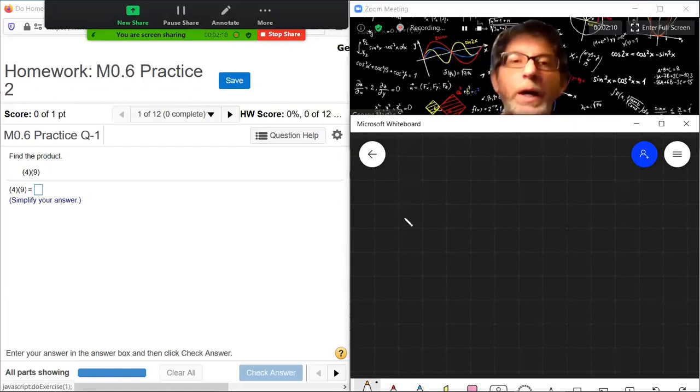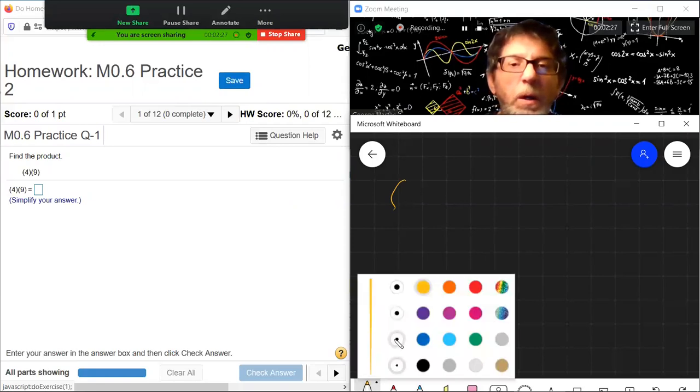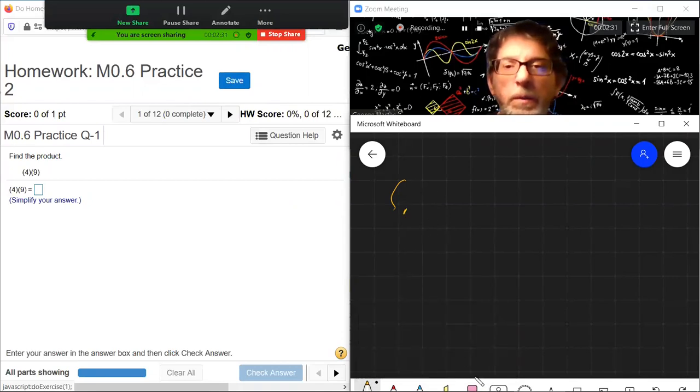Now there are three ways that multiplication is signified. There are three symbols that mean multiplication. One way is, like you see right here, parentheses. So we have 4 times 9.